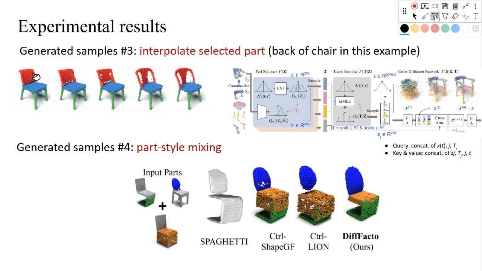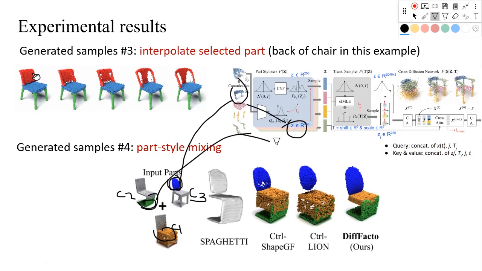And then next we can also do mixing here. For example, I want to generate a chair with the style of the back from chair 3, the leg from chair 2, and this from chair 1. So basically we can just compute this and we have the corresponding part style, compute this and we have the corresponding part style, and this also gives a latent variable.